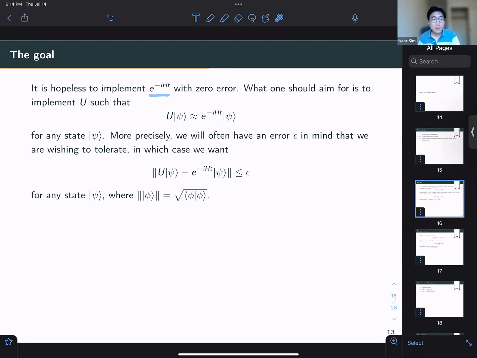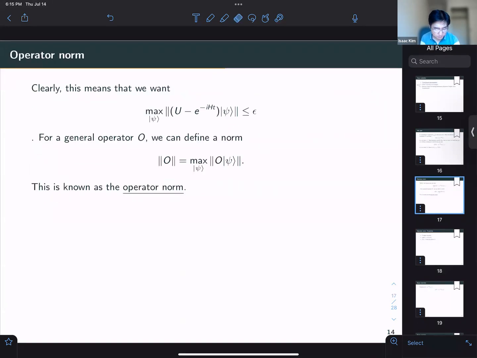And we can formalize this by saying that some sort of distance between the two as state vectors is upper bounded by some error, let's say epsilon. This epsilon is some number that you can later determine, like 10 to the minus 3 or 10 to the minus 10, whatever you want. So that's the goal.